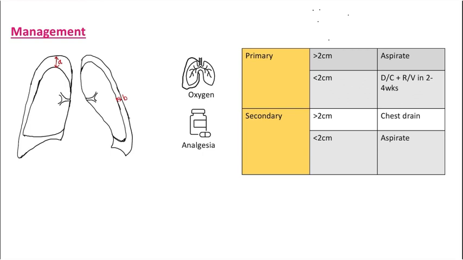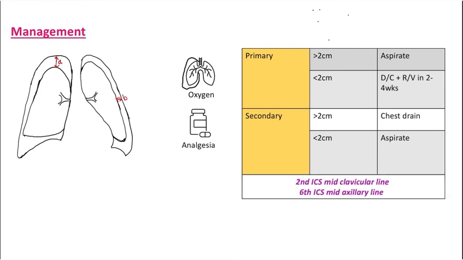Looking at secondary pneumothorax, it's a bit different. If your distance B is more than 2 centimeters, that's when you need to insert your chest drain, and that's where your analgesia comes in handy. And if it's less than 2 centimeters, you stick a needle in and aspirate.